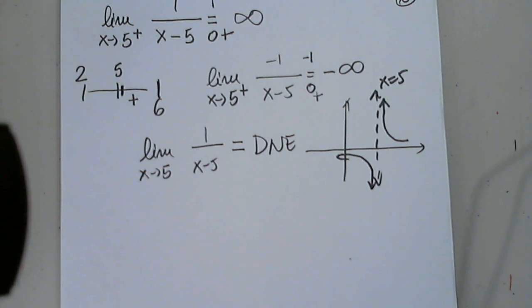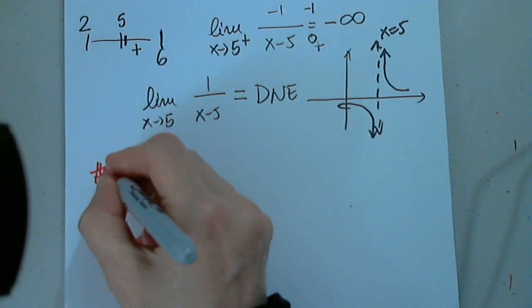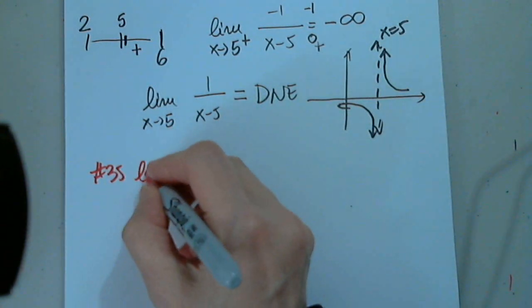Okay, so let's go back and share. I wanted to show an example with when x approaches infinity. So let's choose one here. Let's say 35. Still a rational function.